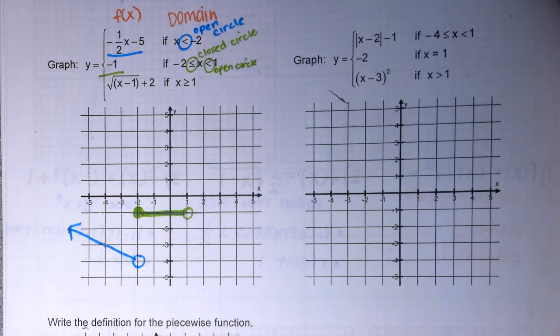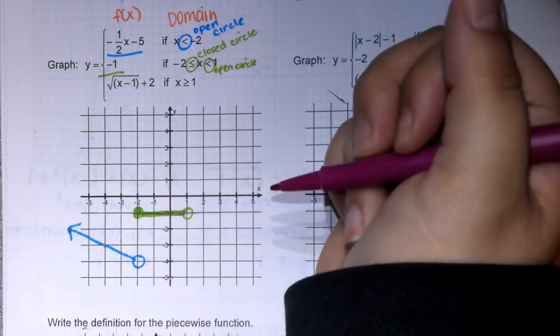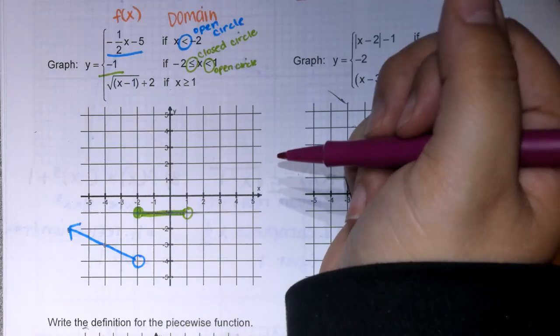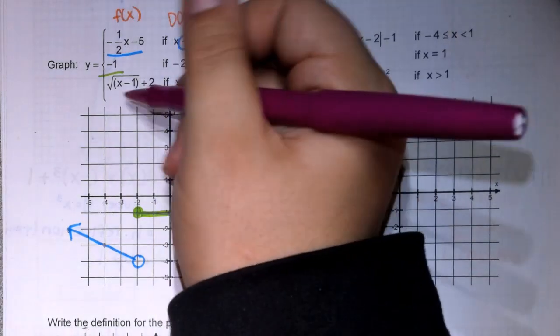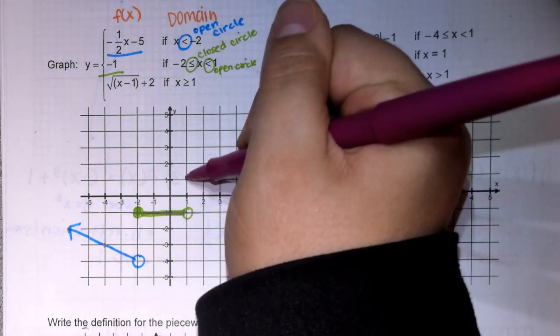Last but not least, we have the square root of x minus 1 plus 2. How am I going to graph the square root of x minus 1 plus 2? So normally the square root function starts at 0, 0. This one's shifting right 1 up 2.